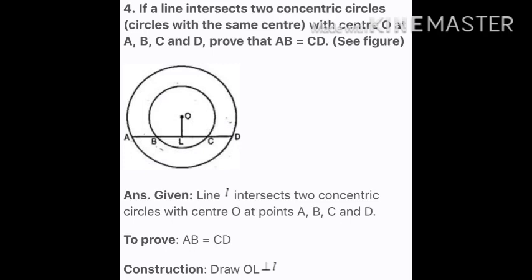Draw line L intersecting two concentric circles with center O at points A, B, C, D. To prove AB is equal to CD, construct: draw OL perpendicular to BC as well as AD.